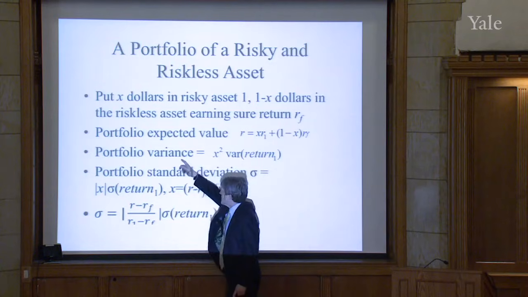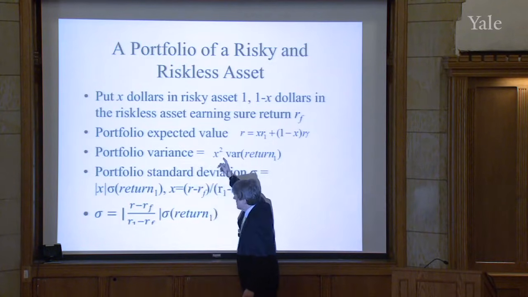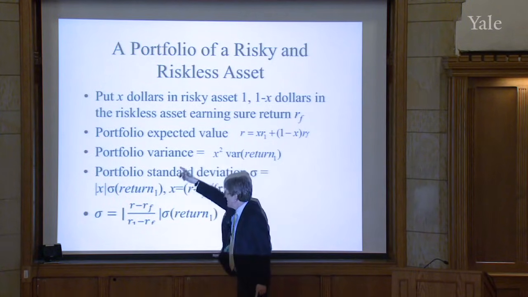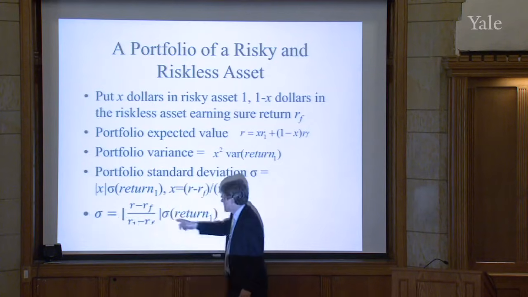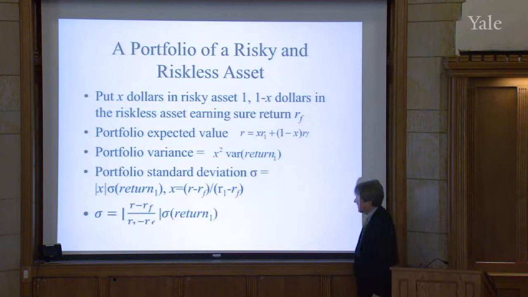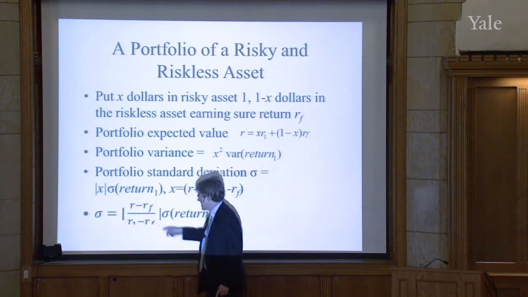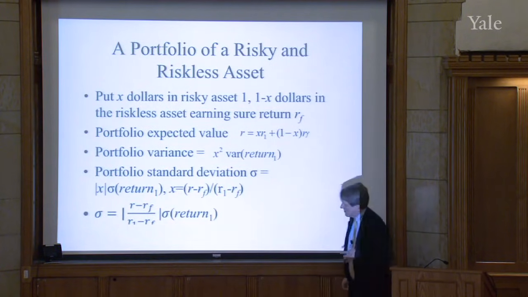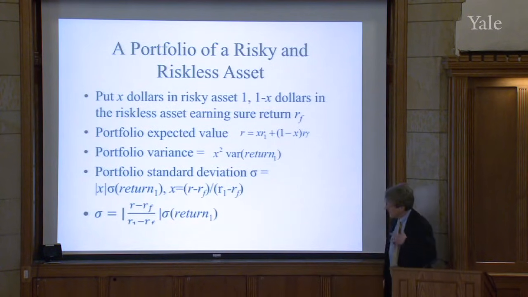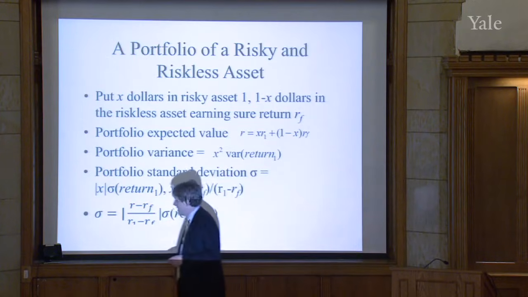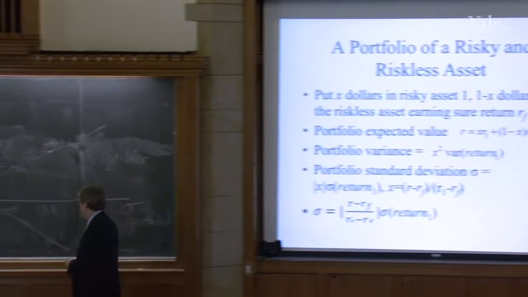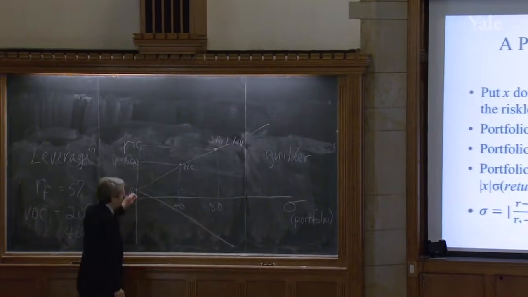I want to take the square root of it, because this is sigma squared. And so I've got sigma equals the absolute value of R minus RF over R1 minus RF, times sigma1. If that's negative, I switch sign and make it positive. So that gives the formula for this broken straight line right here.